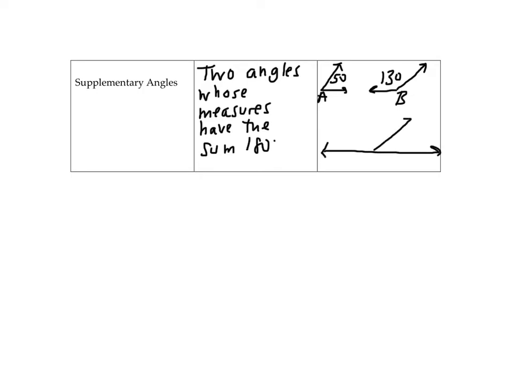We may also express complementary and supplementary angles algebraically. For example, in this picture, let's call this point G, this point E, and this point F, and name a point on that ray point D. We may say that angle DEF has a measure of x degrees, and the angle that is right next to it, adjacent to it, angle GED, would then have a measure of 180 minus x.